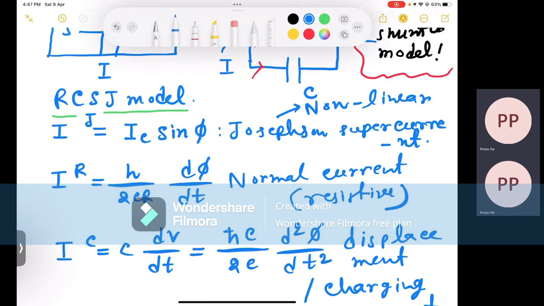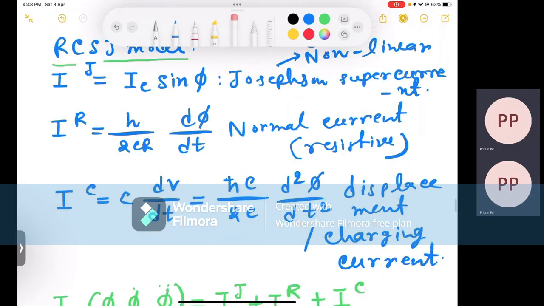Then the resistive component comes. It means current is V over R, voltage divided by resistance. From the second Josephson equation, if we replace V, we simply get (h over 2eR) times d phi dt. This is a normal current, the resistive current, right?